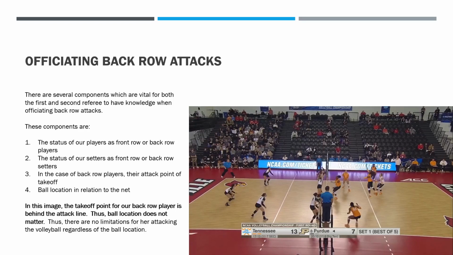In the case of back row players, their attack point of takeoff and potentially ball location in relation to the net. In this particular image, the takeoff point for our back row player is behind the attack line. Thus, ball location does not matter. Thus, there are no limitations for her attacking the volleyball regardless of the ball location.